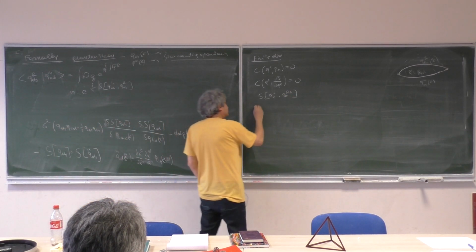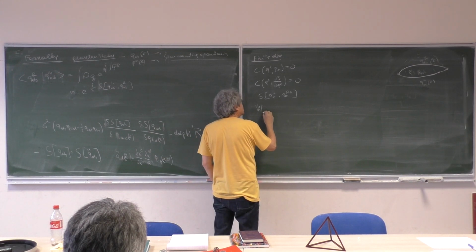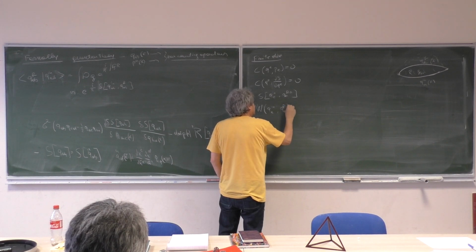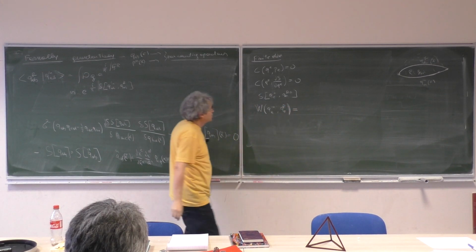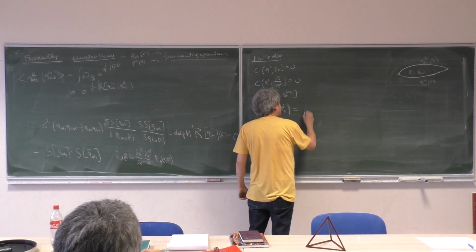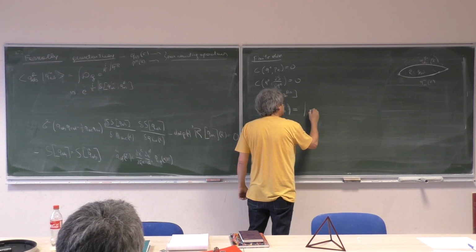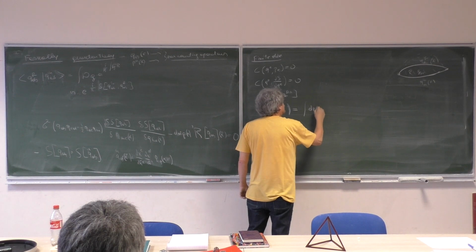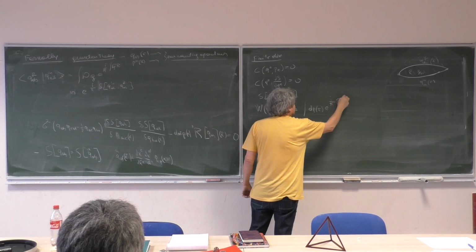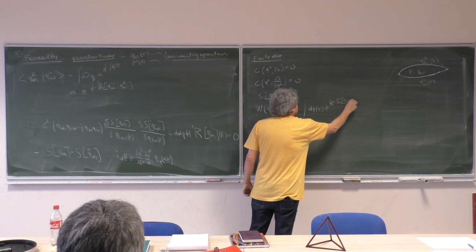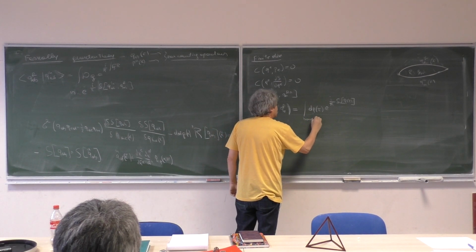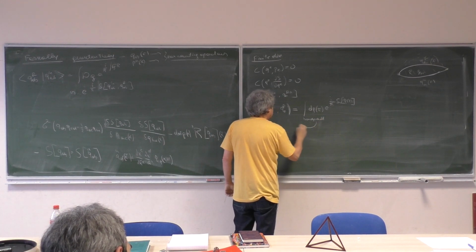And the quantum transition amplitude, W of q^a initial, q^a final, which is given as a functional integral on the trajectories Dq(tau) of e to the i over h bar S of q(tau), with boundary conditions given by this.